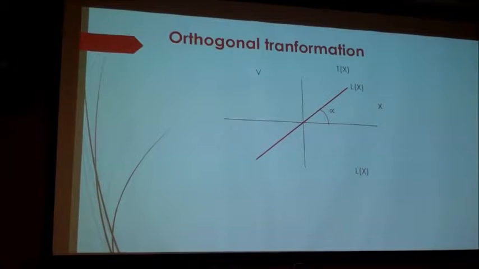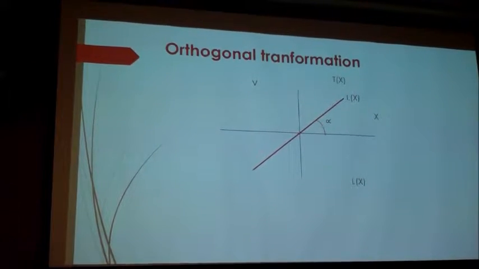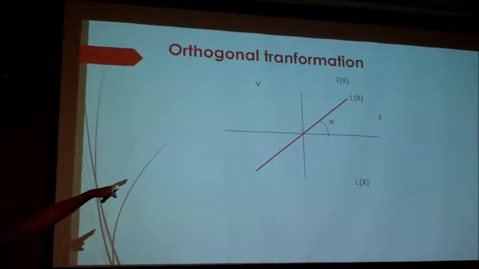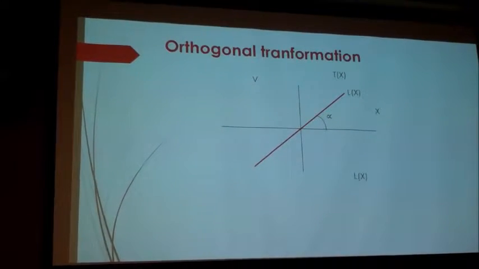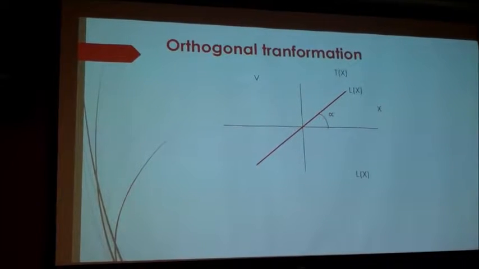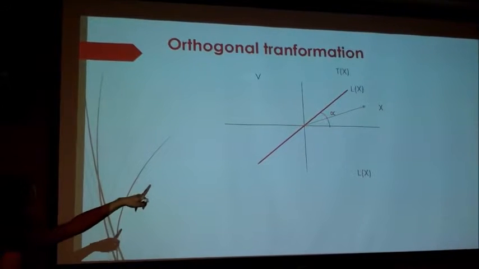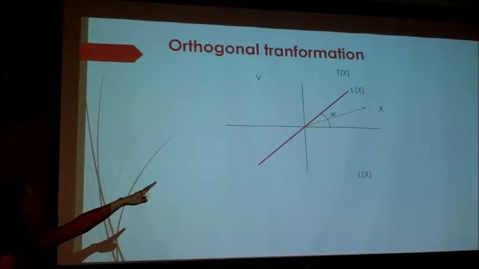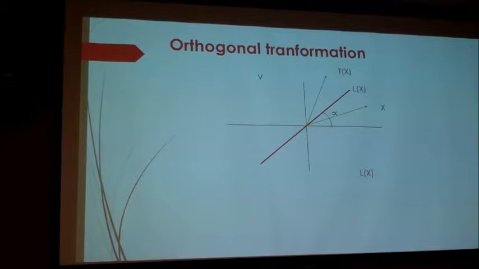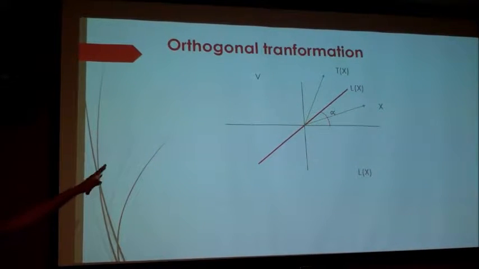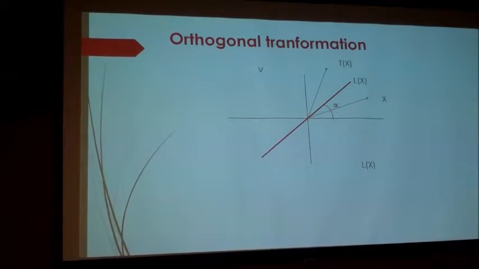And then orthogonal transformation. What are we doing? Either rotation or reflection. If I have a line Lx, which is passing through the origin and making angle alpha with the x-axis, and I have the vector x, I can reflect it across the line and find the other vector. So Tx is the reflection of x across the line Lx.